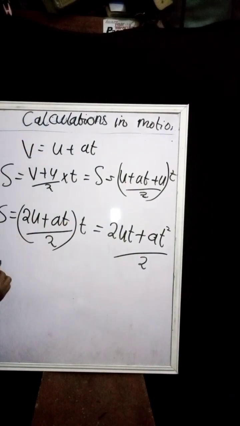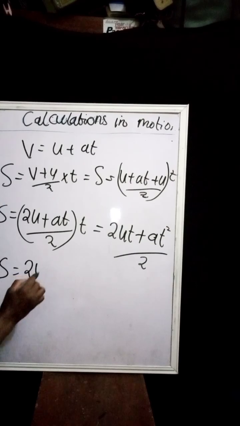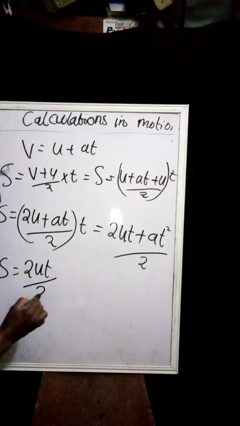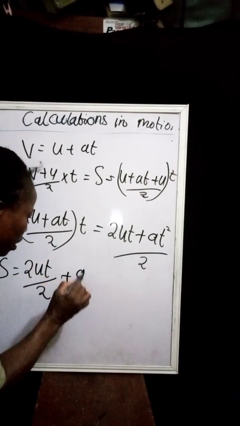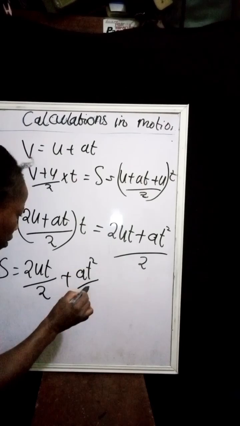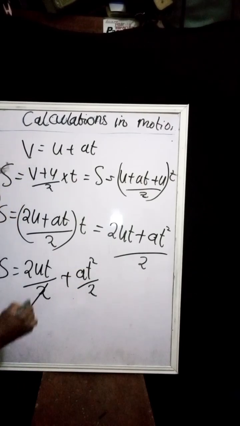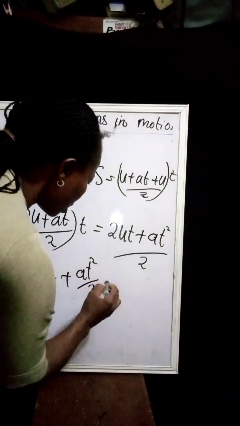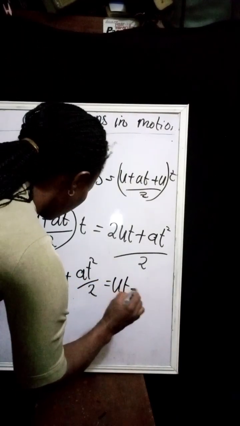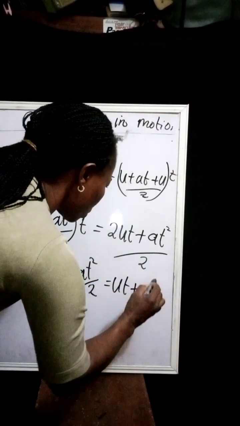This is the same thing as s equal to 2ut divided by 2 plus at squared divided by 2. So these two cancel these two, such that we will have ut plus at squared.